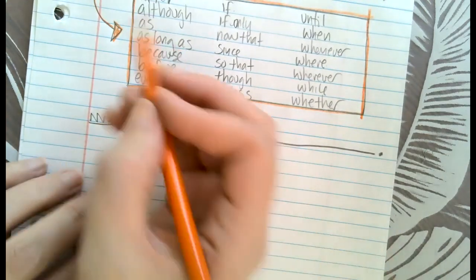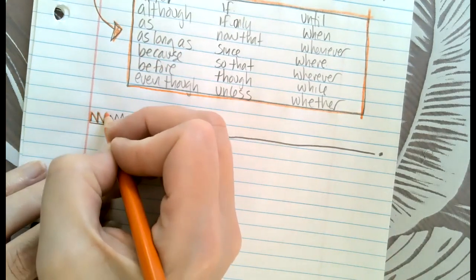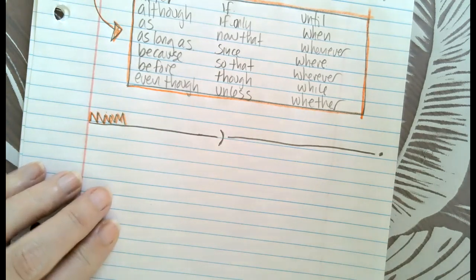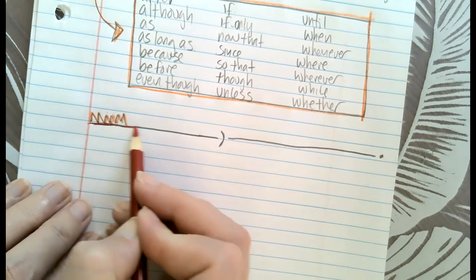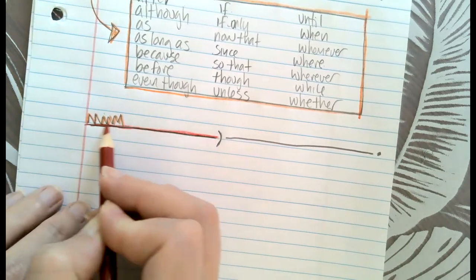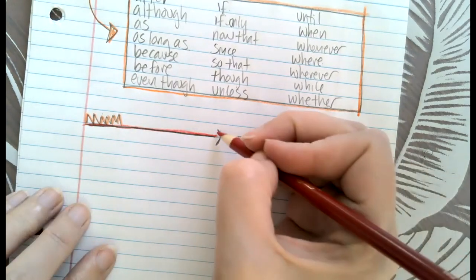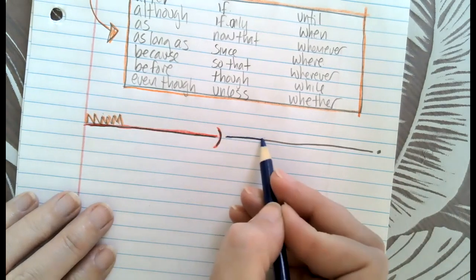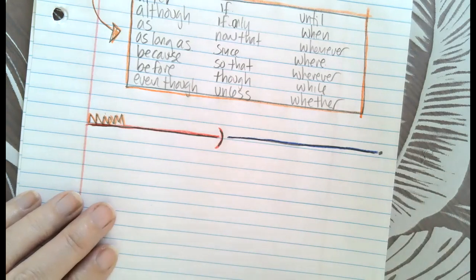Okay, so let's color code now. So we start with a subordinating conjunction. That forces this to be a dependent clause. We have to have our comma there. And then this is going to be our independent clause. So let's go ahead and write what's happening here.